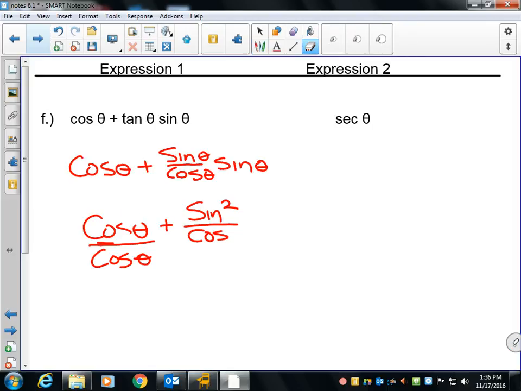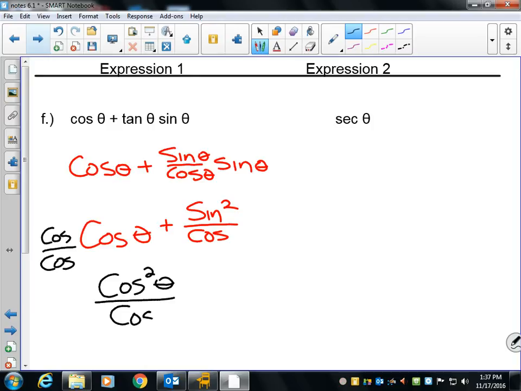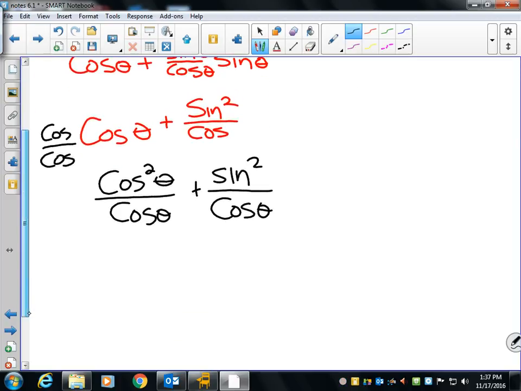So I probably shouldn't have done that because that's not a good proof. I should have left that as cos theta and then wrote in that I'm going to multiply the top and the bottom by cos. So that gives me cos squared theta over cos theta plus sine squared over cos theta. Right? Is everyone okay with that?